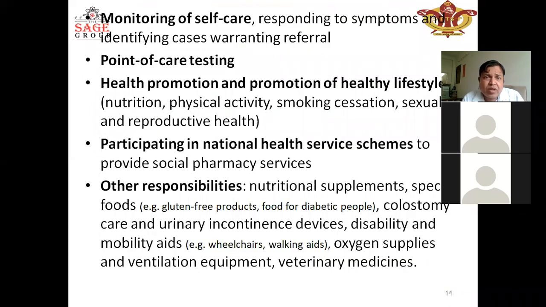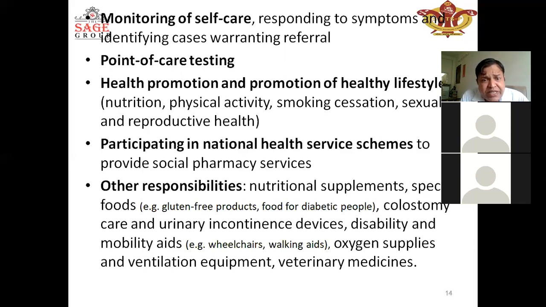Now, next slide. Monitoring of self-care, responding to symptoms and identifying cases, making referrals, similarly point of care testing, health promotion, and promotion of a healthy lifestyle like nutrition, physical activity, smoking cessation, and some other practices.